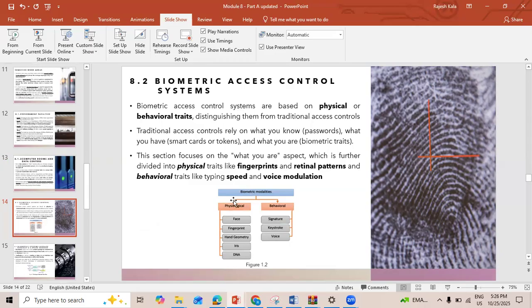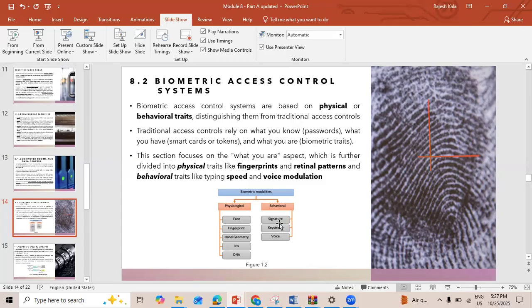Physiological means related to your physical characteristics, like face scanning, fingerprint scanning, hand geometry scanning, iris, part of the eye, DNA scanning. Based on all these things, the access is allowed. Behavioral means how you behave: your signature, how you put the signature, how much pressure you apply while putting the signature, your hand movements.